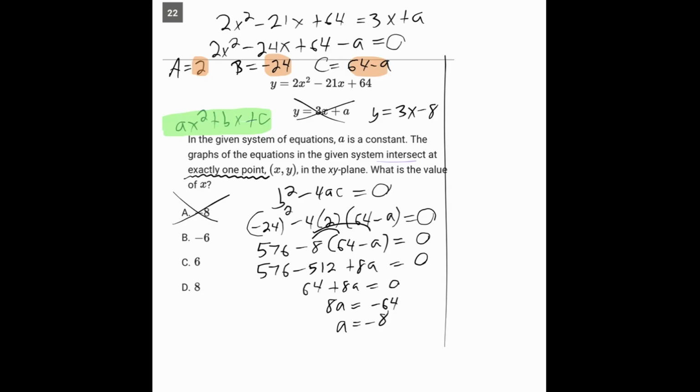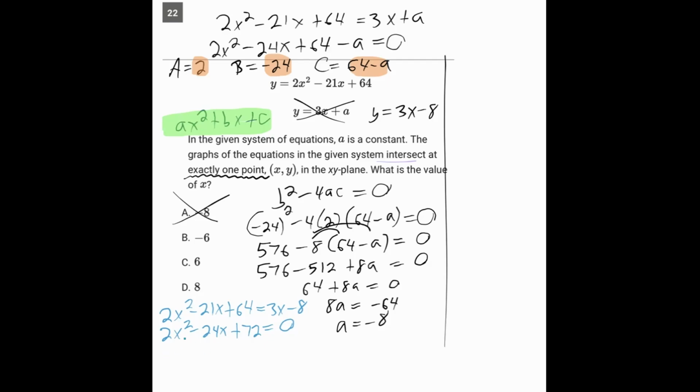So let's go ahead and write it down here actually. 2x squared minus 21x plus 64 equals 3x minus 8. Get everything on one side equal to 0 because that's what you do for quadratics. Take away 3x, add 8. You have 2x squared minus 24x plus 72 equals 0.